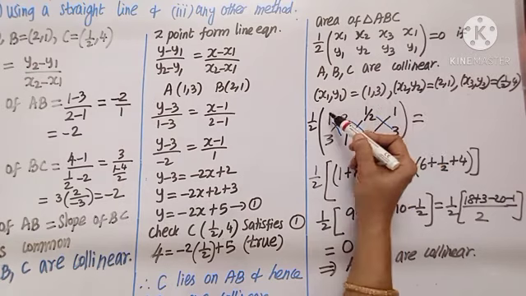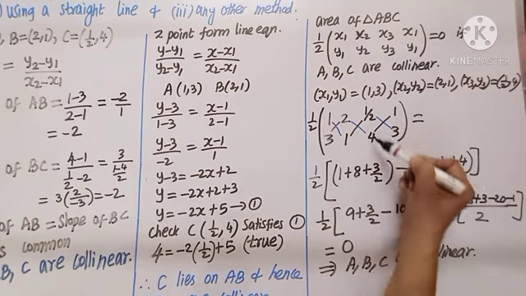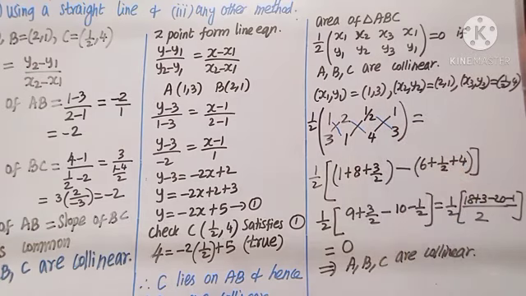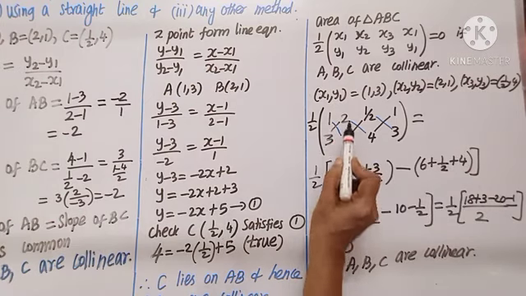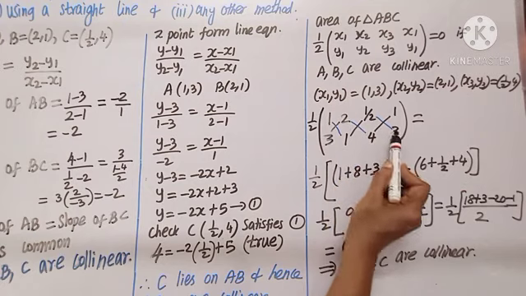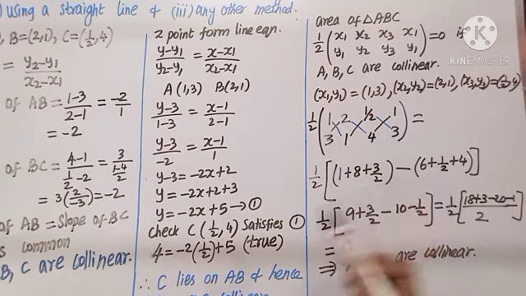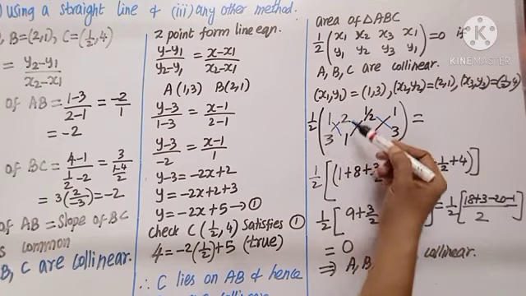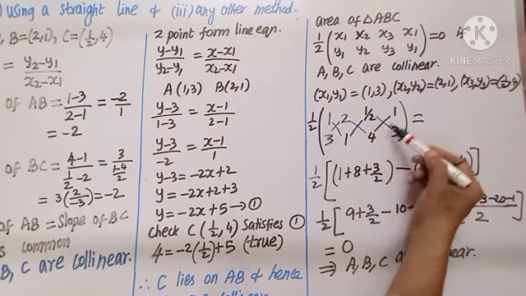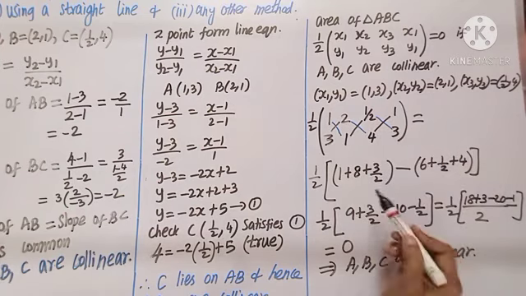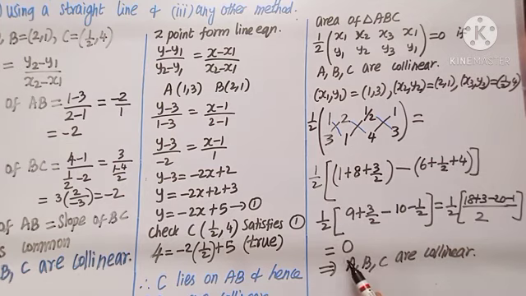Substituting the points (1, 3), (2, 1), (1/2, 4), (1, 3). How to find the area? Multiply 1 into 1, 2 into 4, half into 3. Minus the other way: 3 into 2, 1 into half, 4 into 1. As we simplify, we arrive at 0. So we will say A, B, C are collinear.